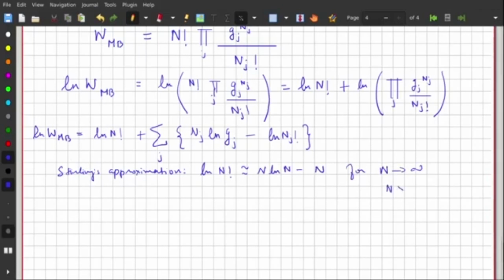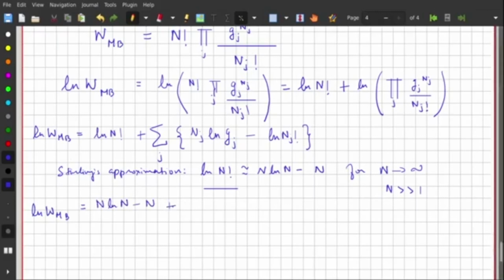Technically it should be, since it's countable, it's greater than 1. Okay, so if we use this Stirling's approximation in this equation, log of W_MB becomes n log n minus n.